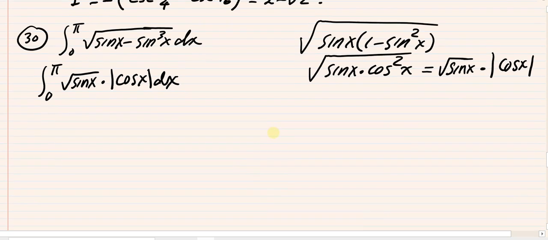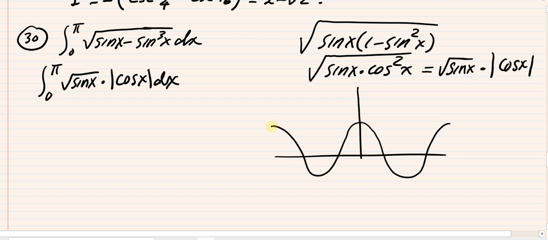Now, in the interval from 0 to pi, cosine could be negative, so you have to be careful how we write this. If I'm looking at cosine x, remember it looks like this between 0 and pi, and this is pi.